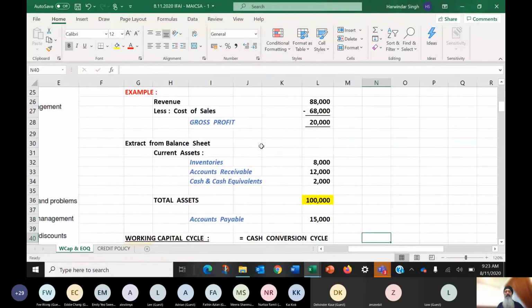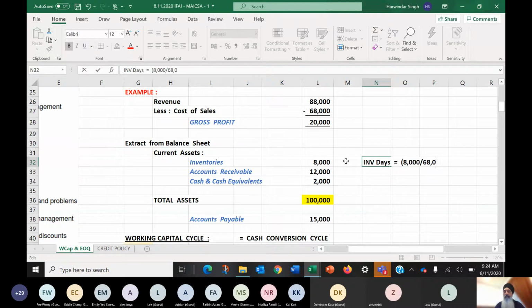We call it inventory days on hand actually, but I'll just put days here, would be equal to 8,000, because inventory is related to cost of sales, so divided by 68,000 multiplied by 365. That's what I would do.